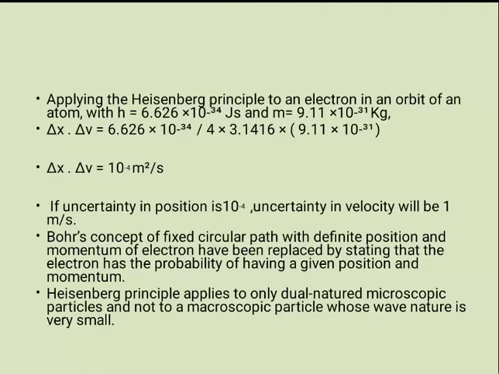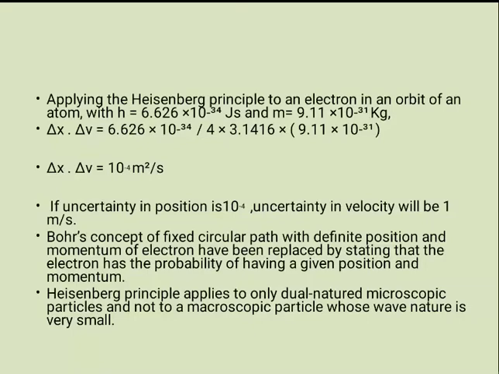If we substitute these values in delta x into delta v is equal to h upon 4 pi m, then we will come to know that delta x into delta v is 10 to the power minus 4 meter square per second. If uncertainty in position is 10 to the power minus 4, then uncertainty in velocity will be 1 meter per second.